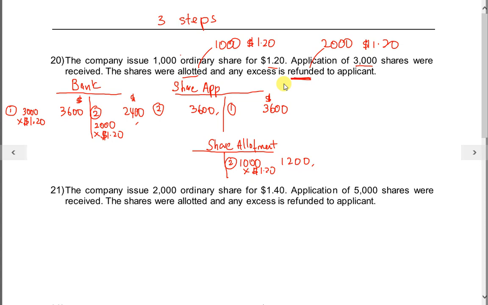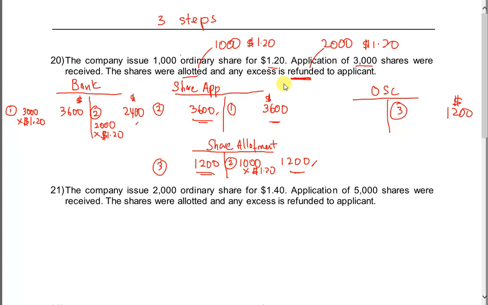Now, number 3, you are now successful, you get my share, so I debit share allotment 1,002 and credit ordinary share capital. Whenever we issue shares, we credit ordinary share 1,002. So this becomes 0, and this becomes 0.